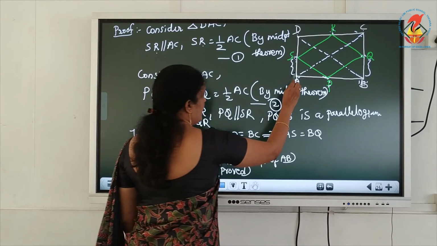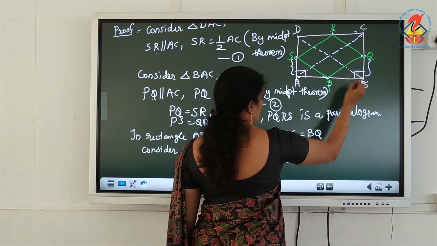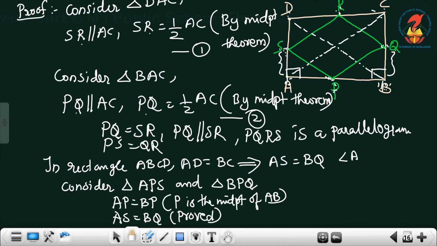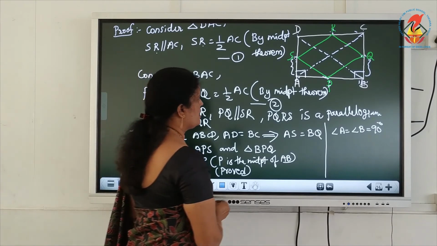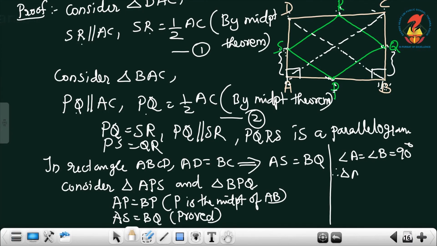Next, angle A equal to angle B equal to 90 degrees, already given since ABCD is a rectangle. Therefore, triangle APS is congruent to triangle BPQ by the SAS congruence criterion.